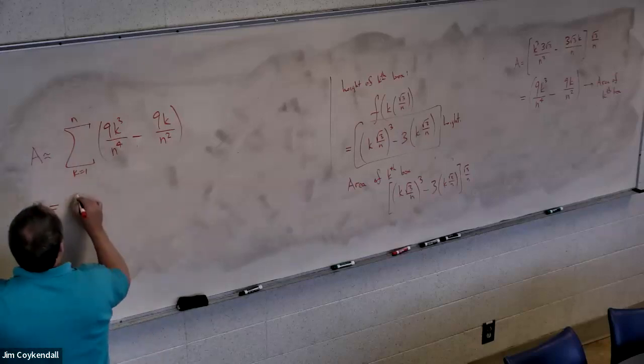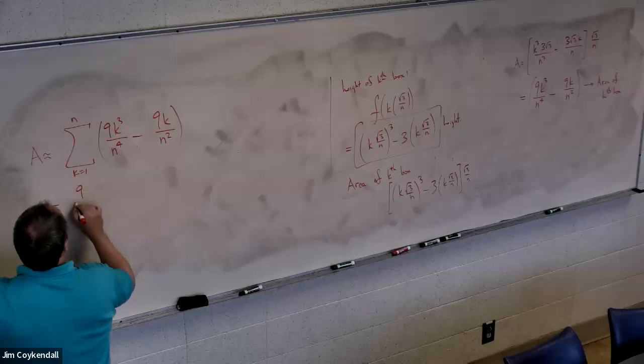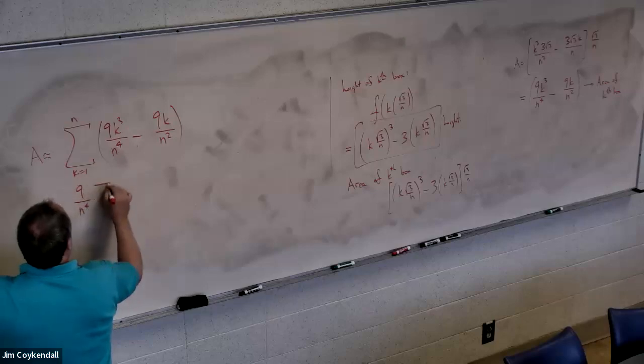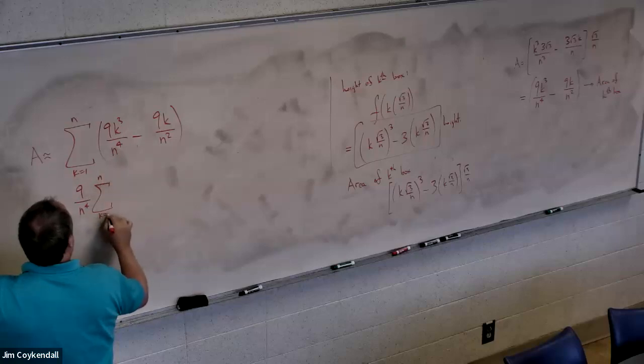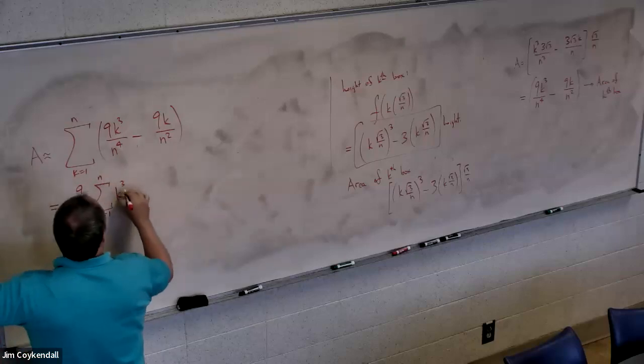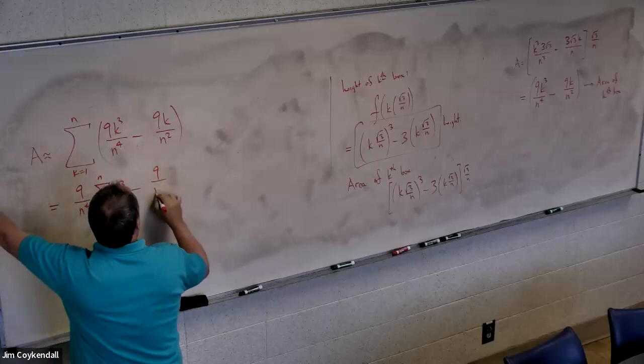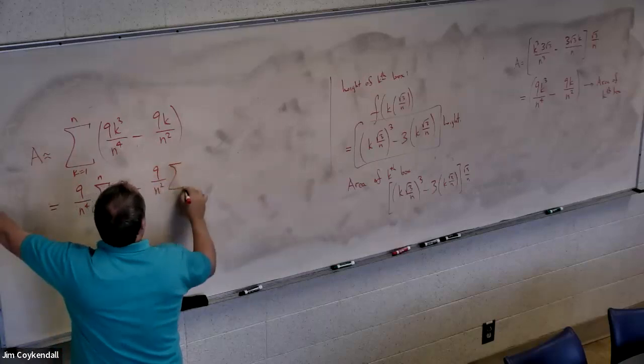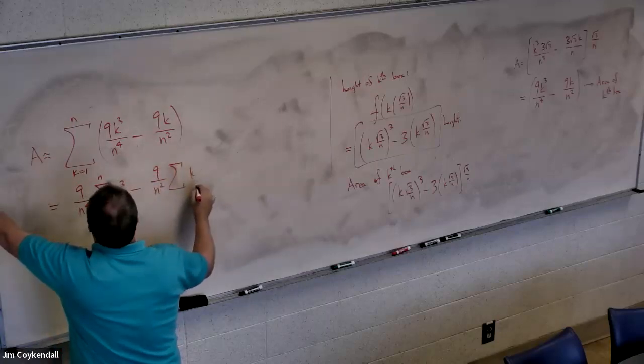This is 9 over n to the 4th, sum of k cubed, minus 9 over n squared, sum of k.